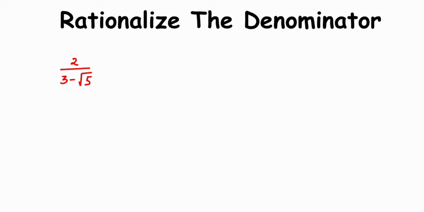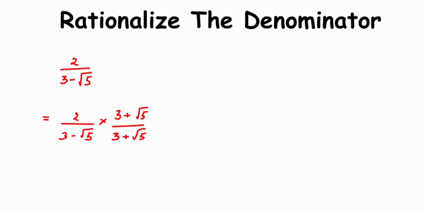I'm going to multiply both numerator and denominator with the conjugate: 3 minus root 5 multiplied by 3 plus root 5, and in the numerator also 3 plus root 5.